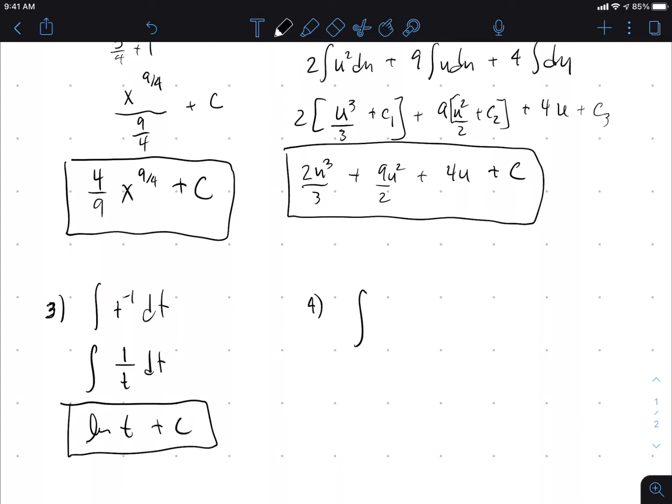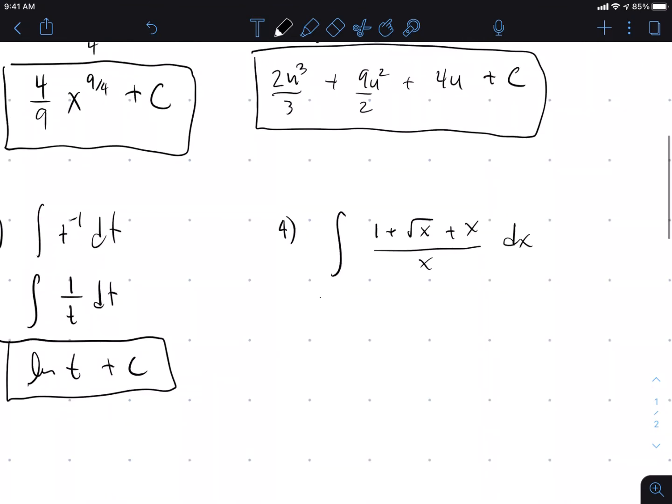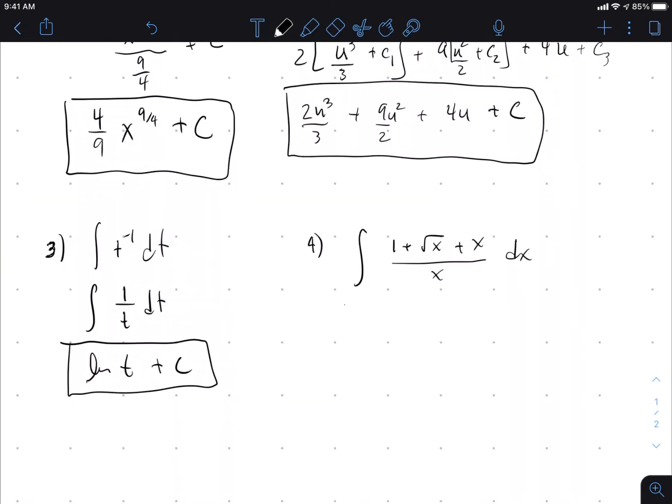If I give you the integral of 1 plus the root of x plus x all over x dx, we need to be able to know how to break this up, right? The way that we break it up is into 3 integrals.